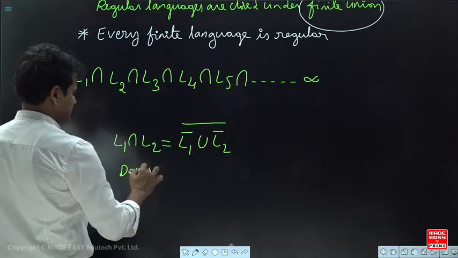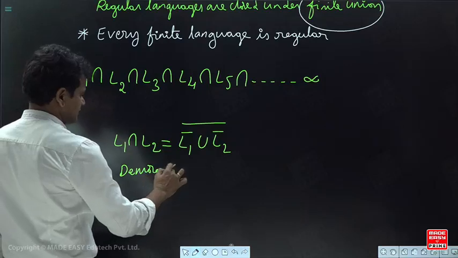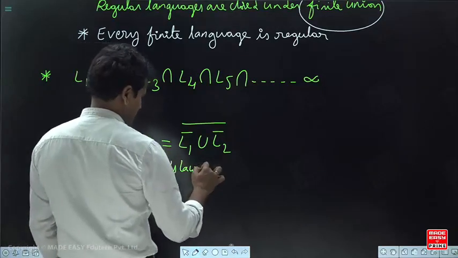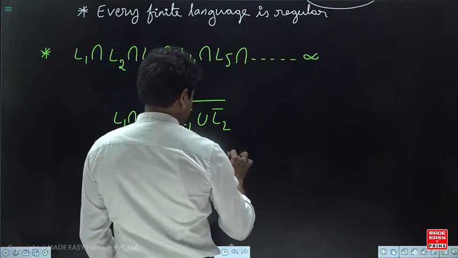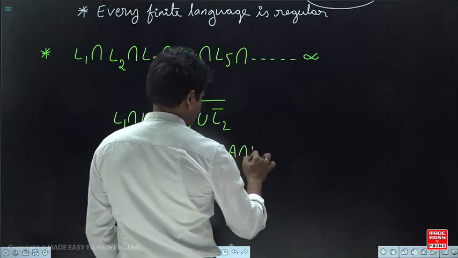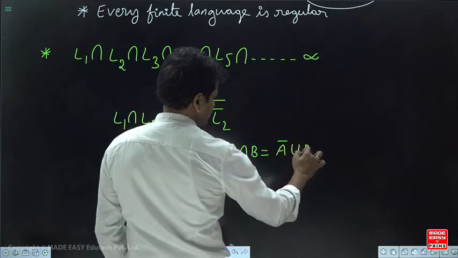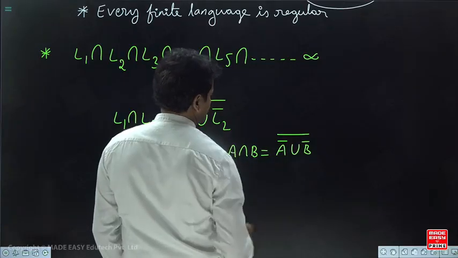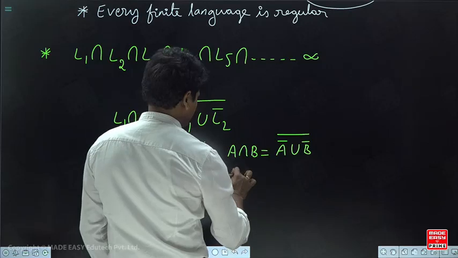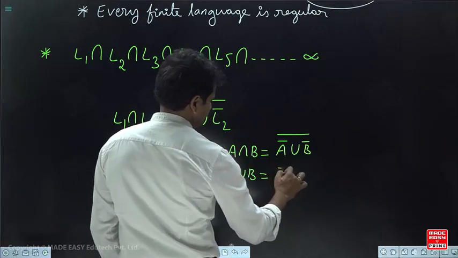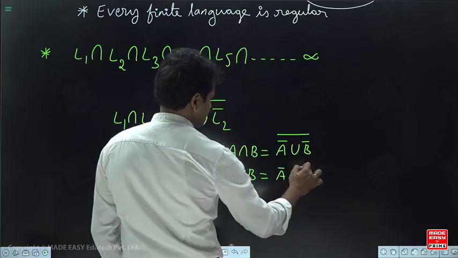What is De Morgan's law? A intersection B equals A complement union B complement, whole complement. And A union B equals A complement intersection B complement, whole complement.